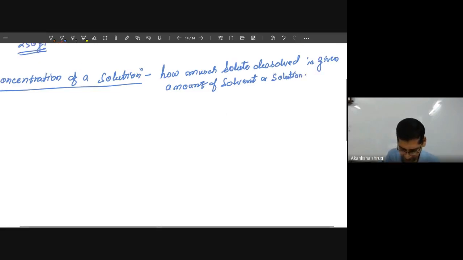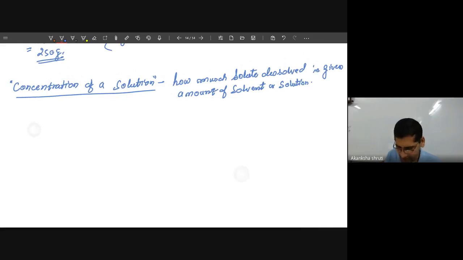Okay, student? So concentration of a solution simply means how much solute is present in a given solvent.